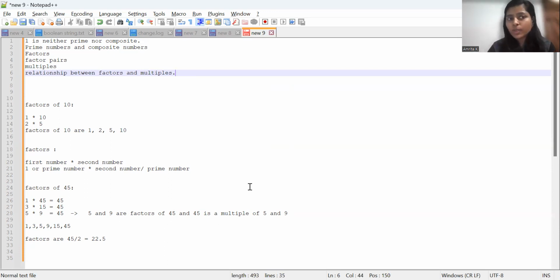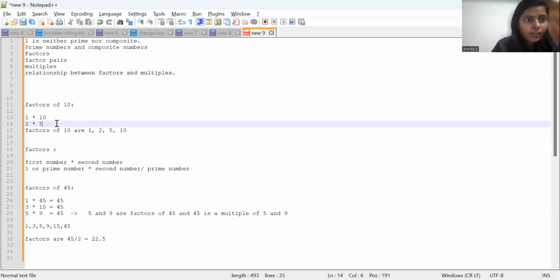What is the relationship between factors and multiples? So like 5 into 2 is the statement. Can you tell me what is the relationship between factors and multiples here? So 2 into 5 is equal to 10. So 10 is a multiple of 2 and 5, and 2 and 5 are factors of 10.